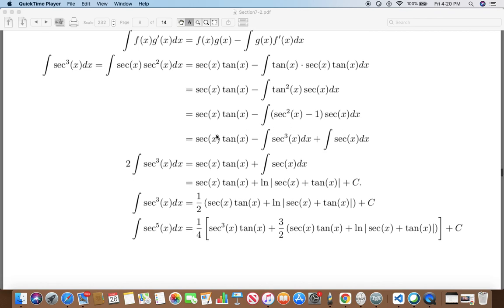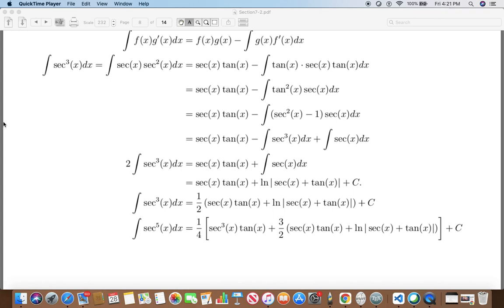So putting all that together, you have secant x tan x minus the integral of secant cube, a negative and a negative gives plus the integral of secant. So notice you had 1 secant cubed here and a negative 1 secant cubed here.